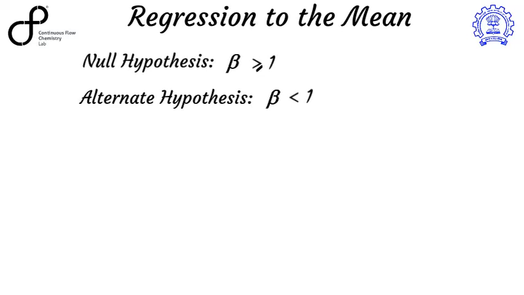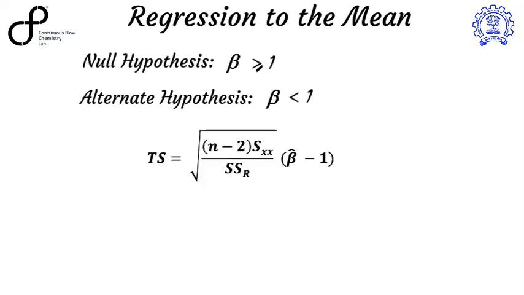Remember, accepting a null hypothesis is not as strong a statement as rejecting the null hypothesis. Since this is an important hypothesis, we assume beta to be more than or equal to 1 and reject the null hypothesis using sample data to gain more confidence.